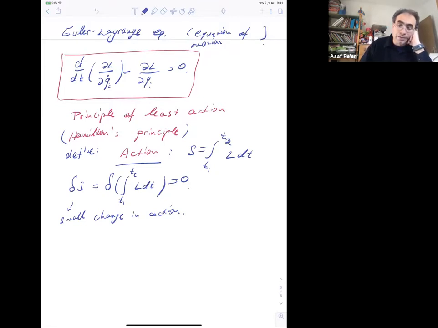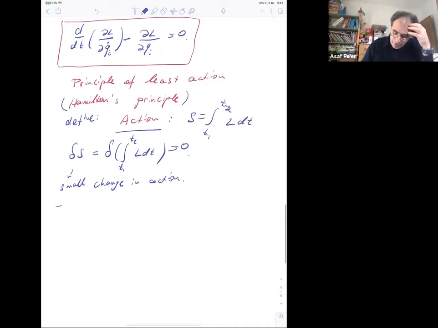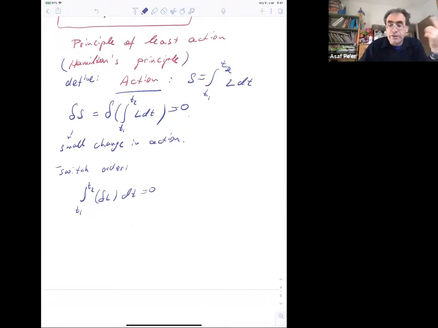Now the proof of that is quite straightforward, right? If we switch the order of the integral and derivative, we get that the integral from t1 to t2 of delta L dt is equal to 0, right? And delta L is a variation of L, but L is a function of the coordinates.